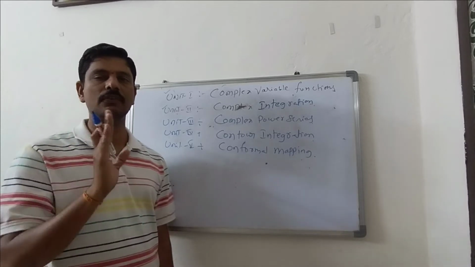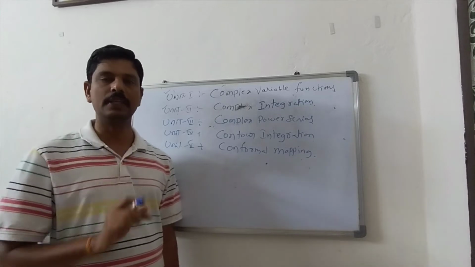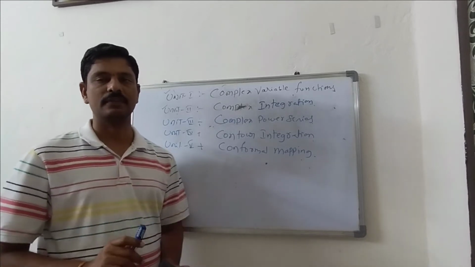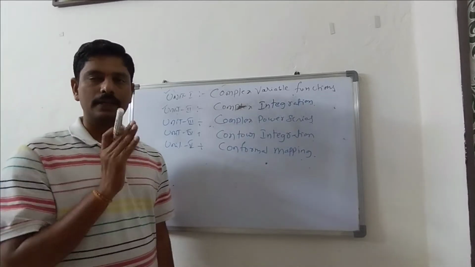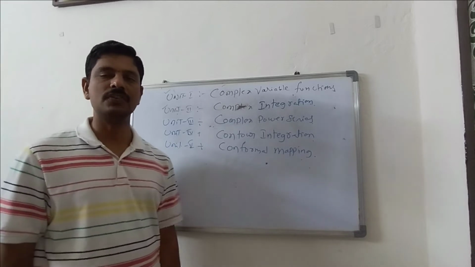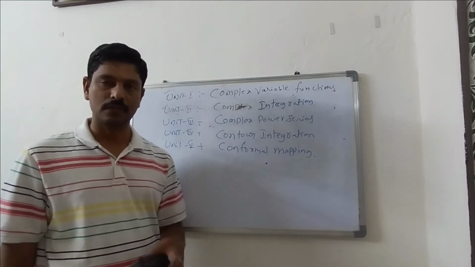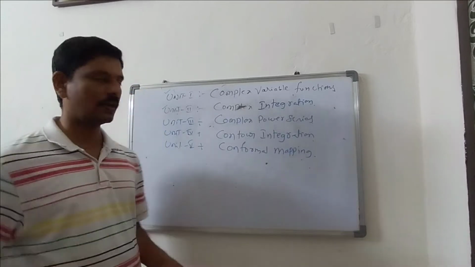Generally, for real valued functions we have limits, continuity, differentiation, integration. So here also, for complex variable functions we study limits, differentiation and integration. Here the extension topics are contour integration and conformal mapping.